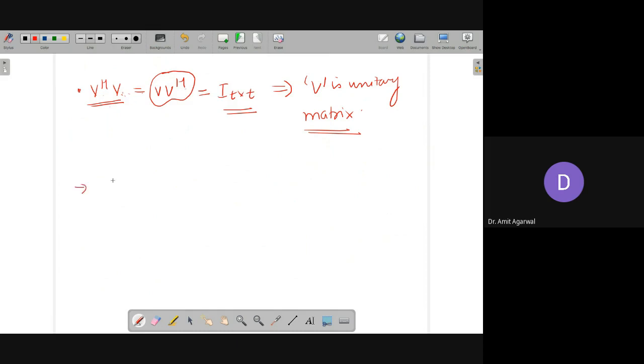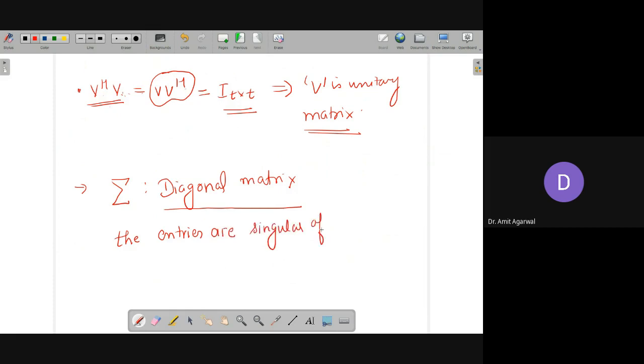The third condition which this type of decomposition satisfies is that sigma is a diagonal matrix. And the diagonal entries of this diagonal matrix are singular values of H, because we have decomposed our H in this form.